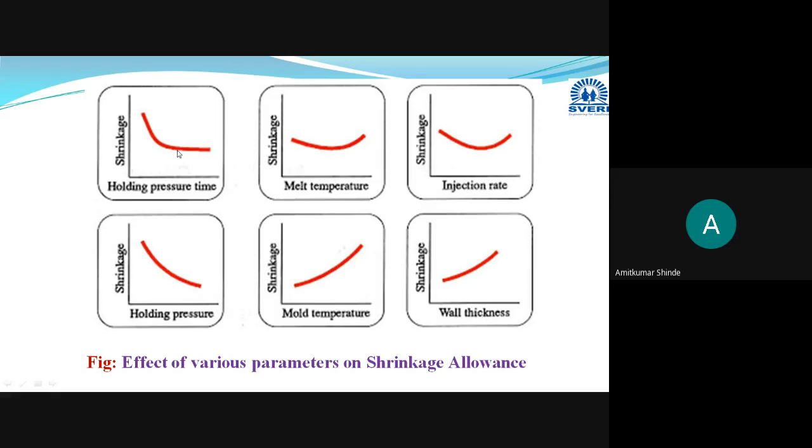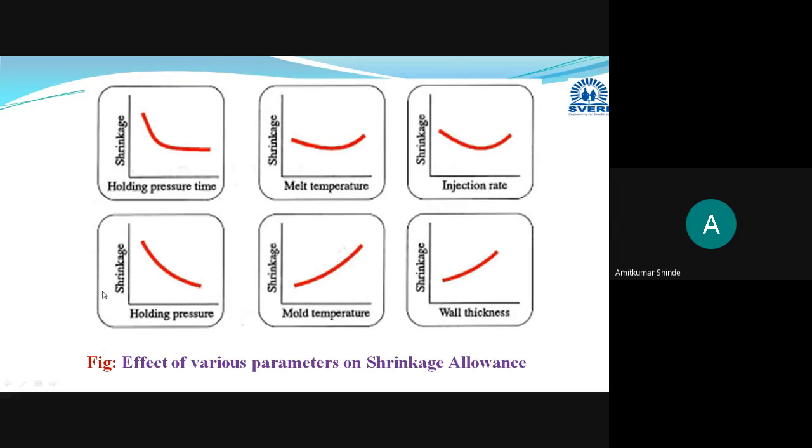Till some particular value, the holding pressure time will decrease the allowance, but after attaining a specific value, if you increase the holding pressure time, it does not affect the shrinkage value.